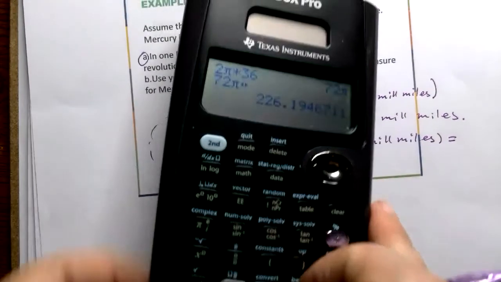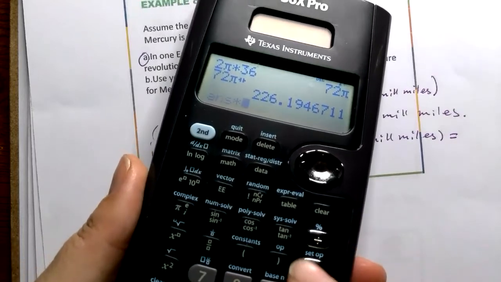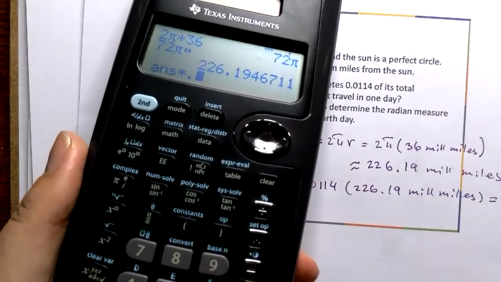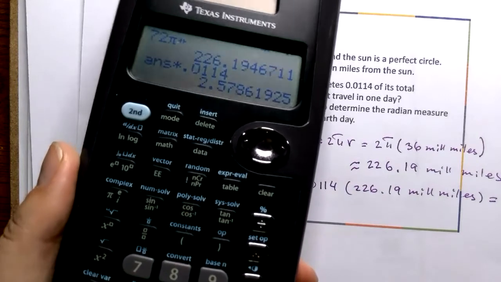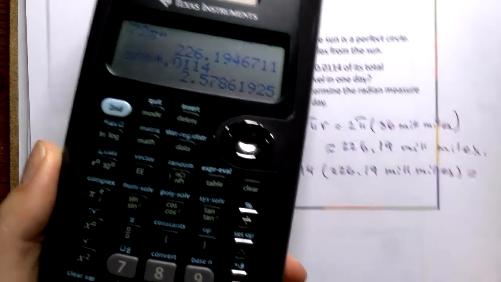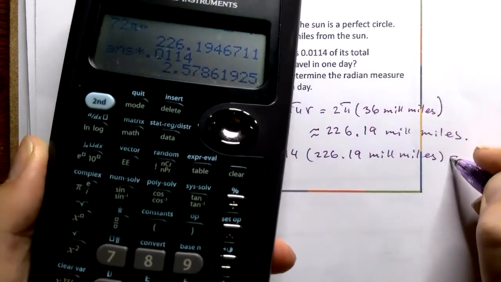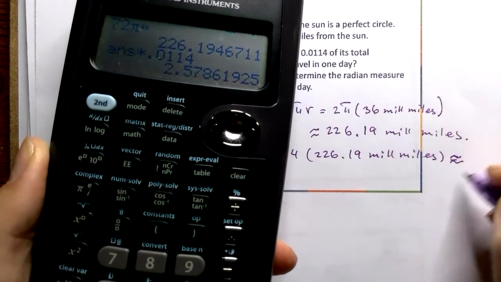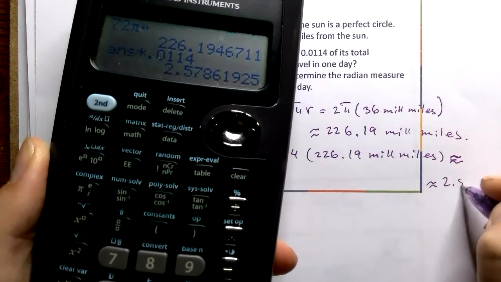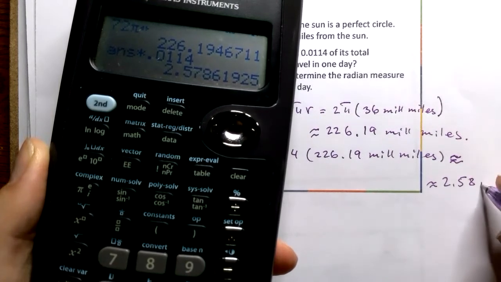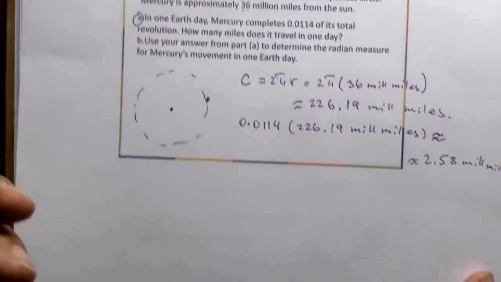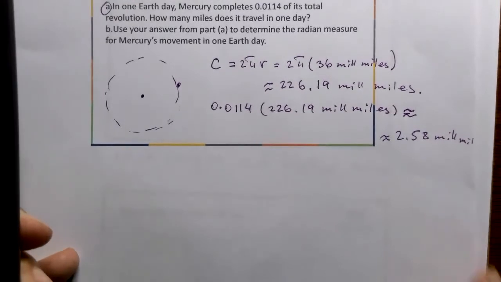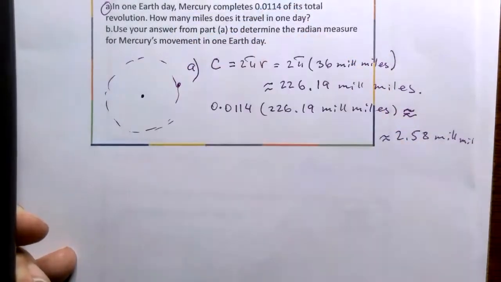So this number times 0.0114, right? Okay, so I got about 2.58 million miles. Okay, so that's our answer to question A.